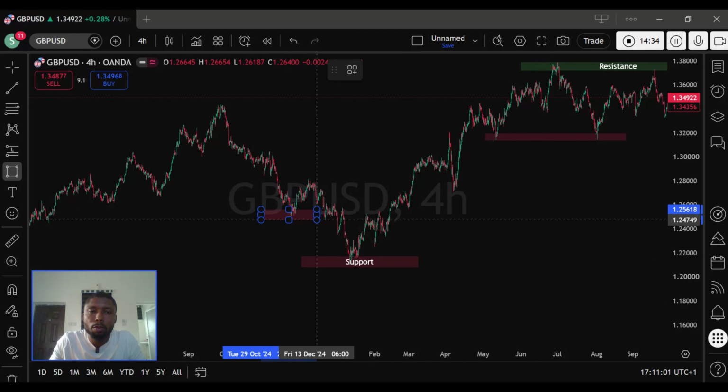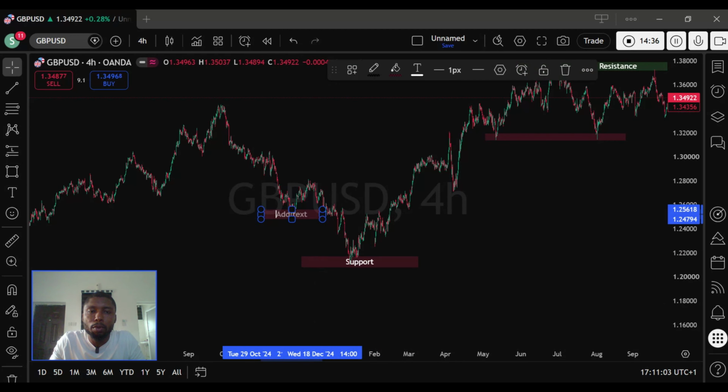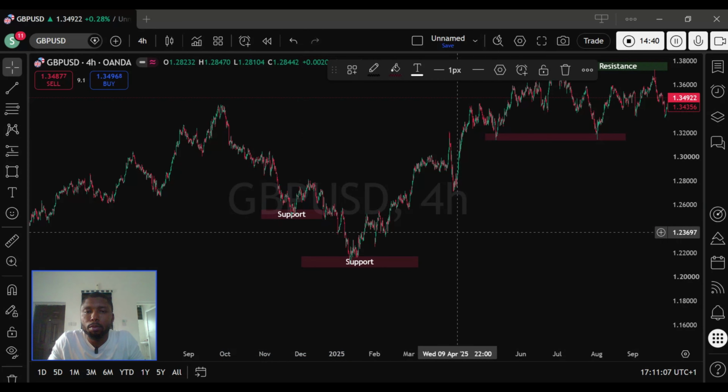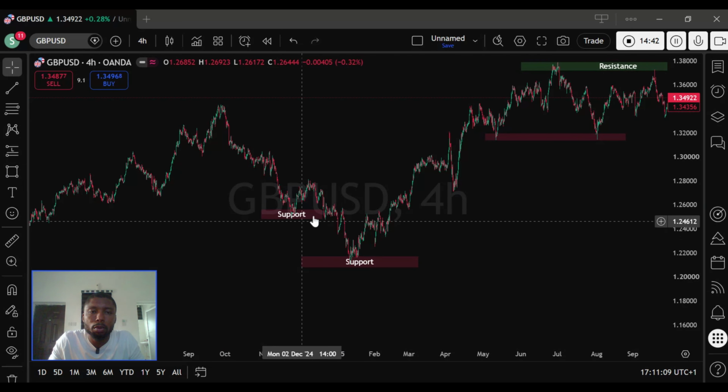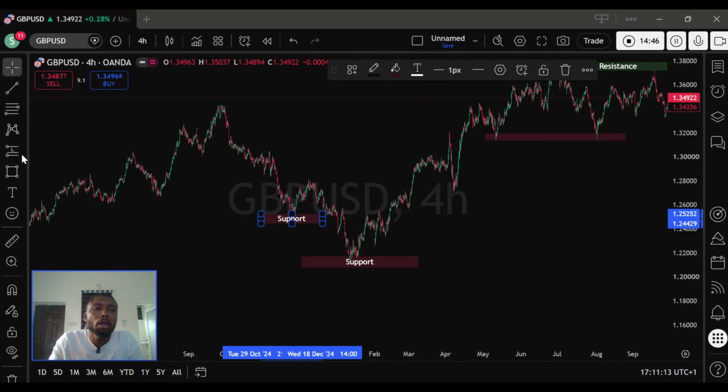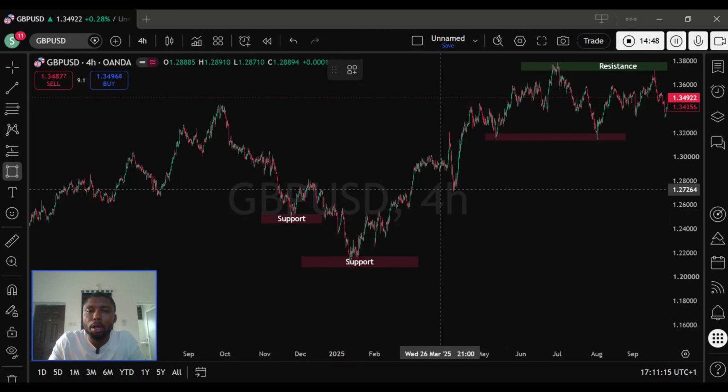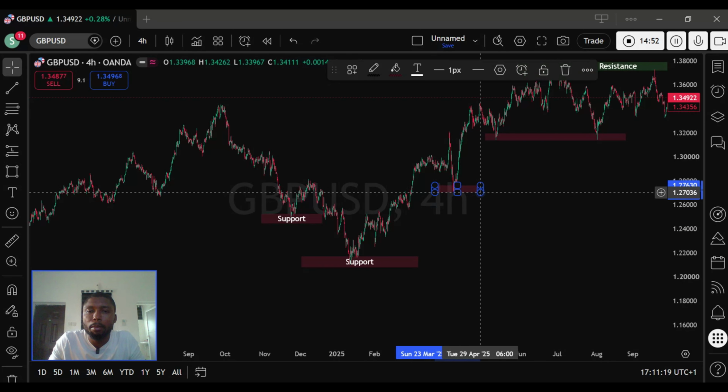This is also a support. Mind you, when price is coming down and couldn't go further down, it's a support. It's very easy. These are areas from where you initiate trades, areas from where you either buy or sell.